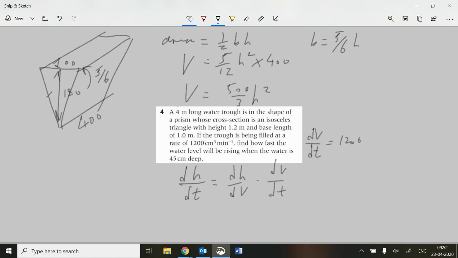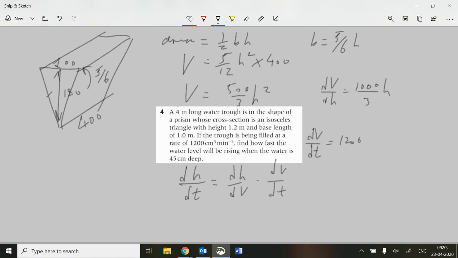Now it's pretty straightforward. We can now say dV/dH is equal to 1000 over 3 H squared. I've just multiplied by the 2 and reduced the power by 1.